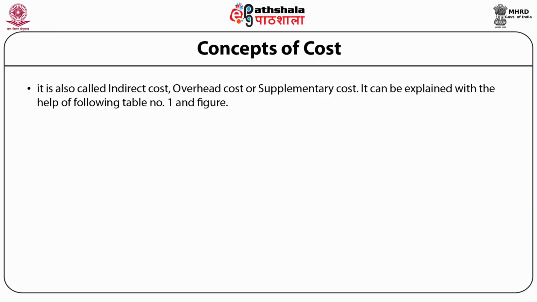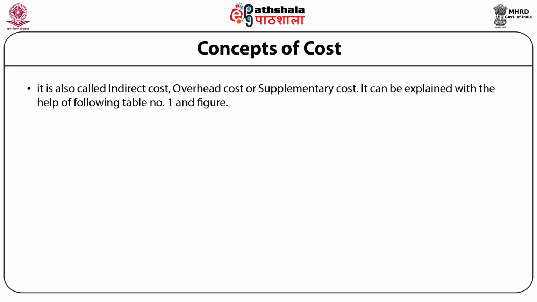Fixed costs or supplementary costs usually include payment of rent for building, insurance premium, depreciation and maintenance, administrative expenses, that is salaries of office and managerial staff, interest paid on capital, business taxes, license fees, etc. It is also called indirect cost, overhead cost or supplementary cost.